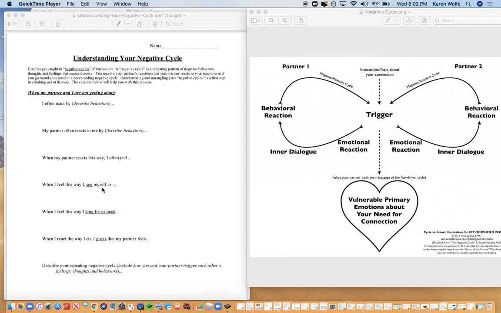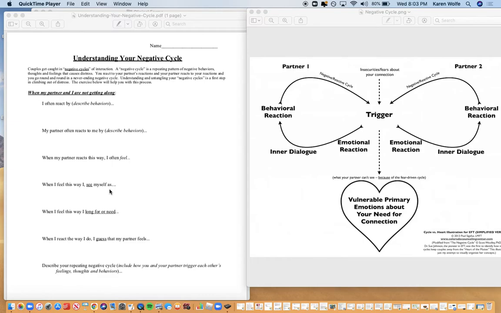I see myself as... now when we have an inner dialogue, what we're assessing is ourselves, our partner, and the relationship. So you could put in here, I see myself as not important. I see myself as not mattering to my partner, in their eyes. And then you could do your perception of your partner. I see my partner as not caring, as being apathetic.